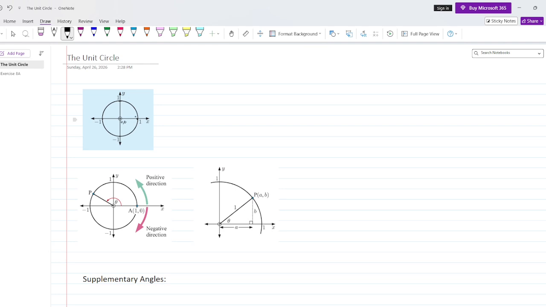So when we draw a circle of radius 1 unit with center 0, 0 on this xy plane, we get a unit circle. So this unit circle has radius equal to 1.